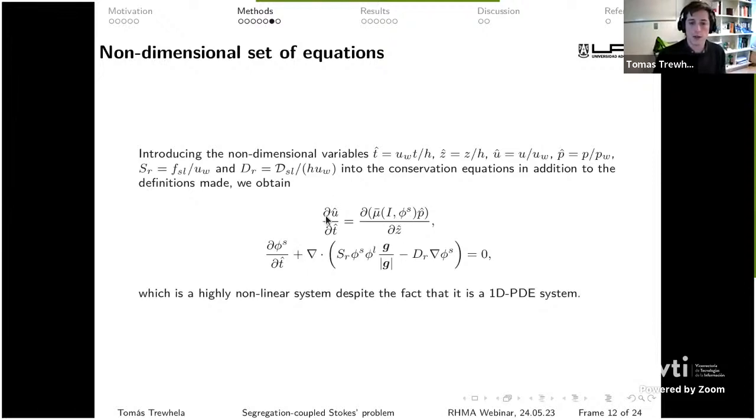That allows me to just solve these two equations and not a third equation for the phi l. Nonetheless, the system is quite nonlinear. It's a highly nonlinear system, despite the fact that it's only defined in one dimension. The dimension, of course, is the vertical. But it's a quite complex system to solve.